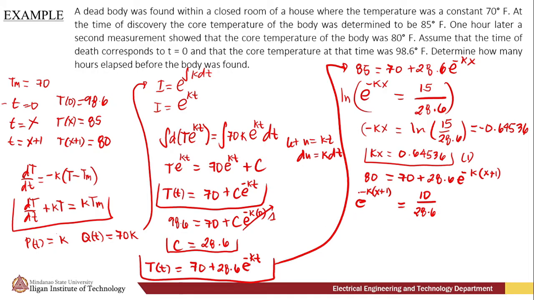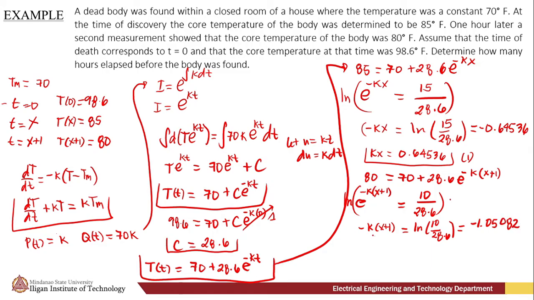Applying again the natural logarithm to both sides, we have negative k times (x plus 1) equals ln of 10 over 28.6, which is equal to negative 1.05082.